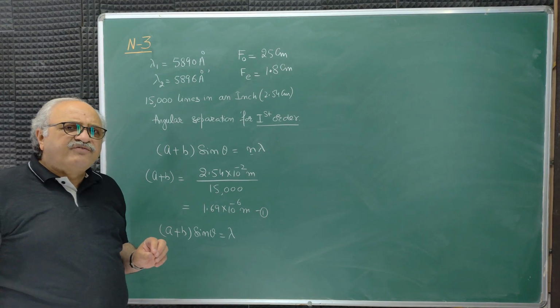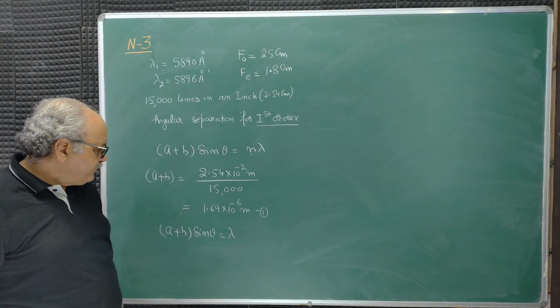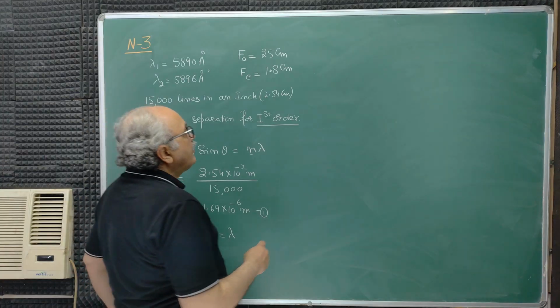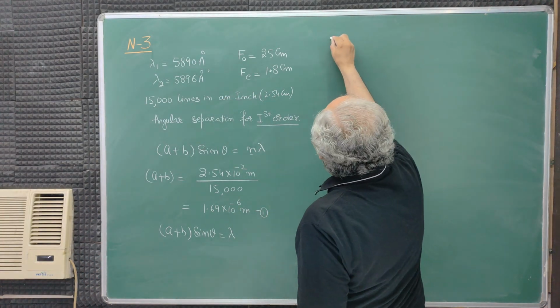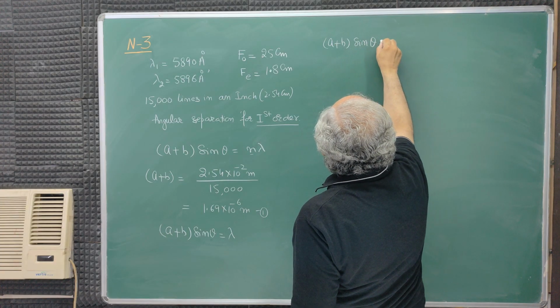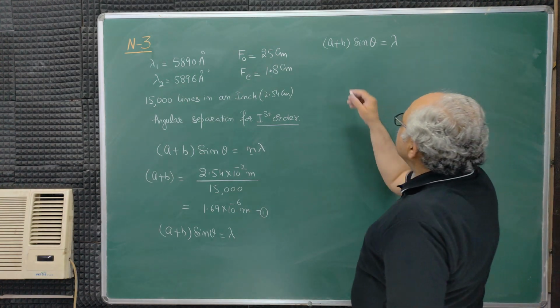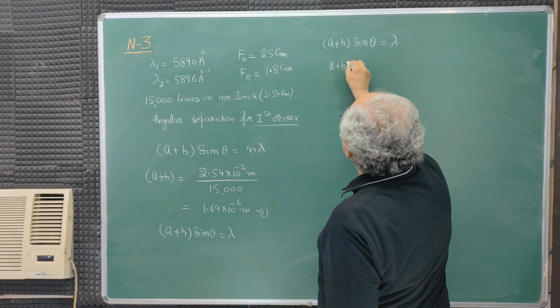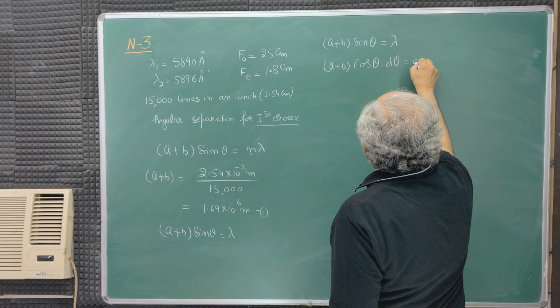So let's first find out the angular separation immediately after the grating. First of all, let's calculate it for 5893, or do one thing. Take this (A plus B) sine theta equals lambda and differentiate it. So this comes out to be (A plus B) cos theta d theta equals d lambda.